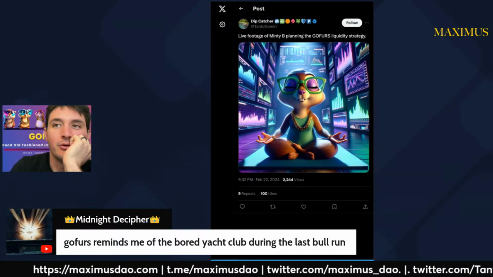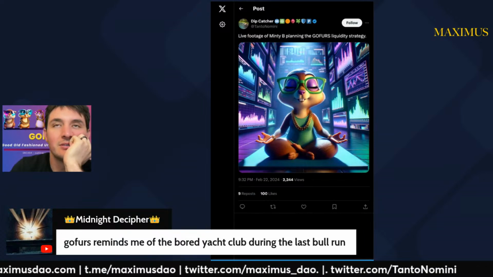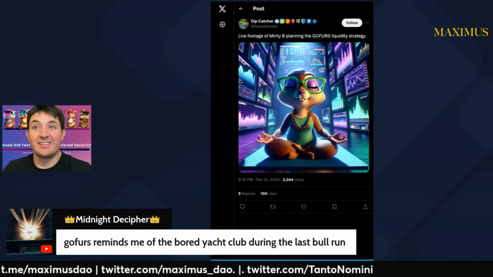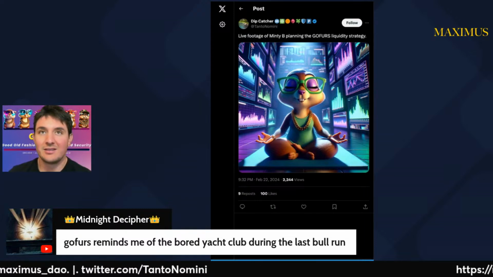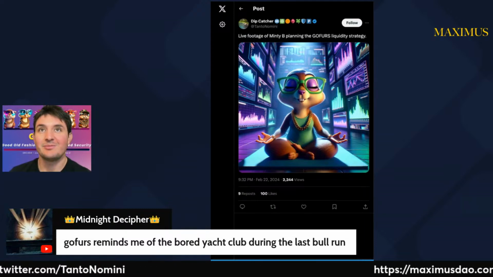GOFURS reminds me of the Bored Ape Yacht Club during the last bull run. I think so too. I think there's something really special here.